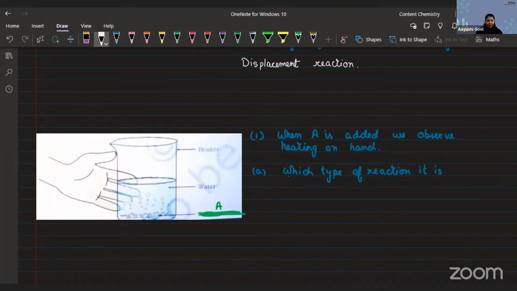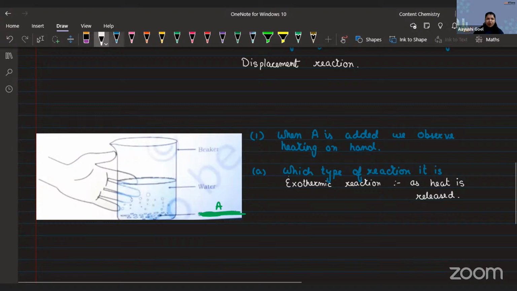Can anybody tell me which type of reaction it is? Yes. So it will be your exothermic reaction. Exothermic reaction as heat is released. Good, Weber.